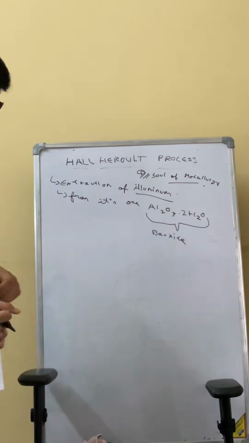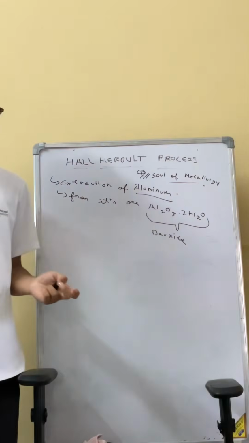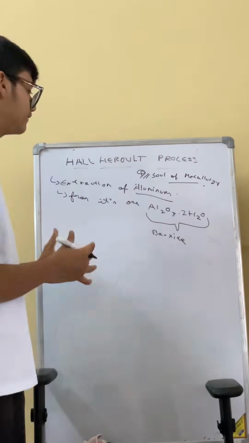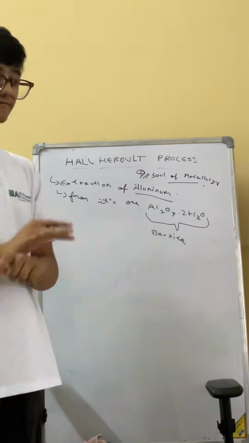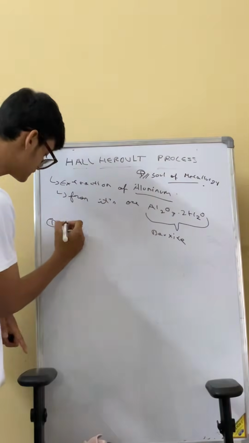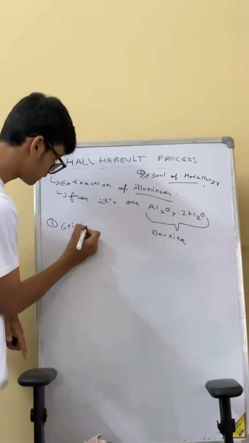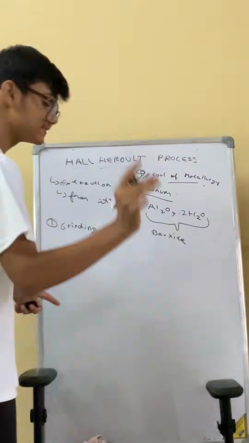So this is what happens. Whenever we have to extract a metal from its ore, like in this case bauxite, the first step in getting a metal out from any ore is grinding and removing volatile impurities.